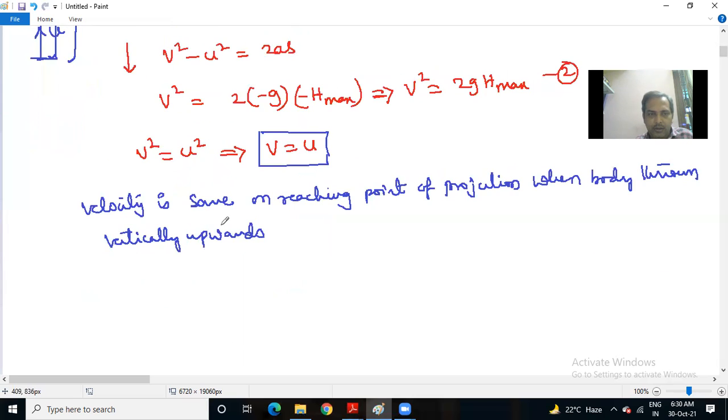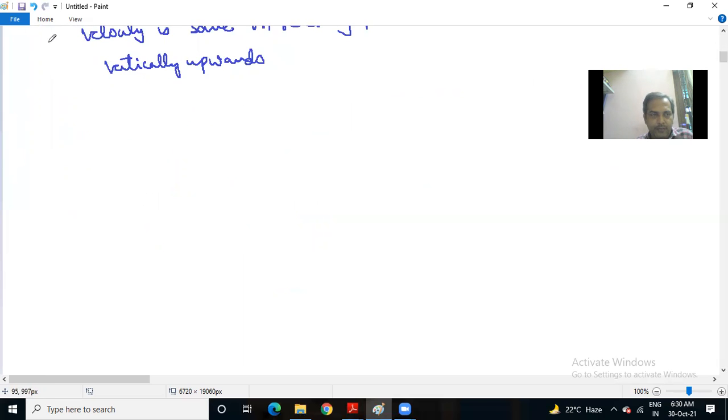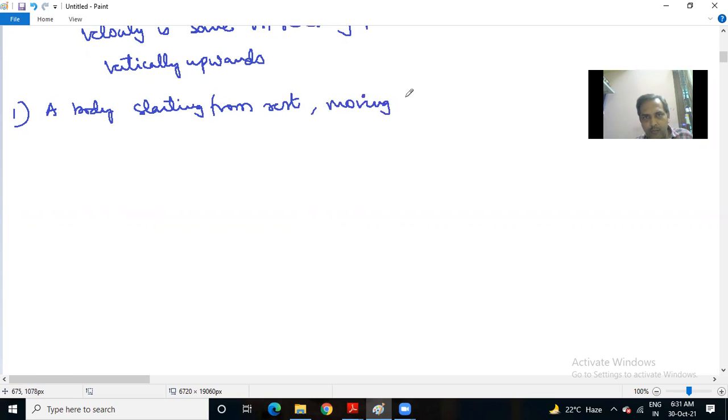Right, let us discuss a few applications of a freely falling body. The first one is a body starting from rest, moving with uniform acceleration.